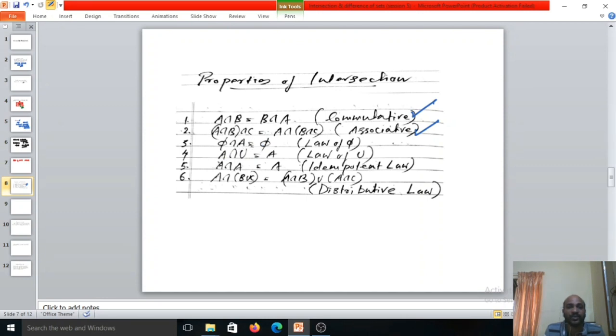A intersection U is equal to A because A is a subset of U. So all elements of A are in U. So A intersection U is equal to A.